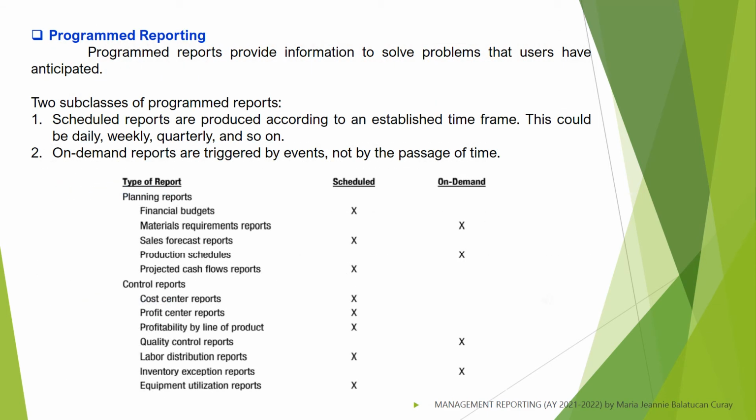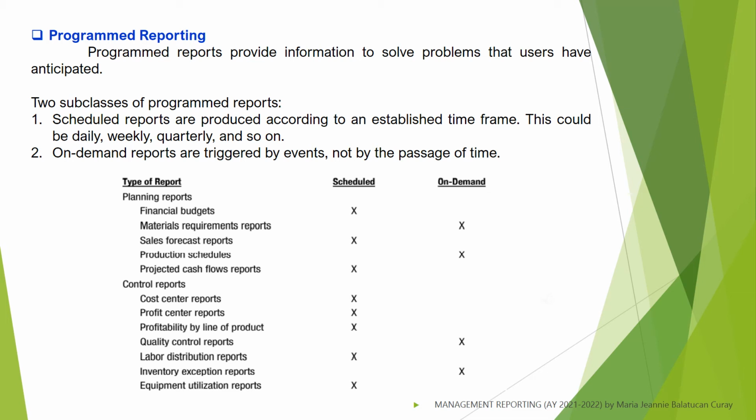So program reporting. Programmed reports provide information to solve problems that users have anticipated. So two subclasses of program reports: we have scheduled reports that are produced according to an established time frame and could be daily, weekly, quarterly, and so on, while on-demand reports are triggered by events, not by the passage of time.